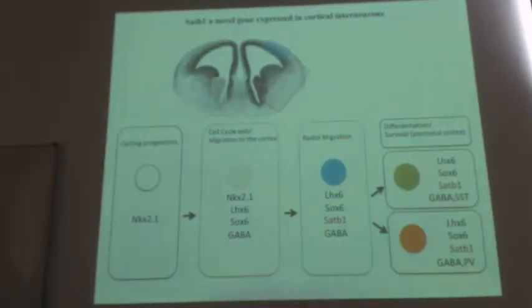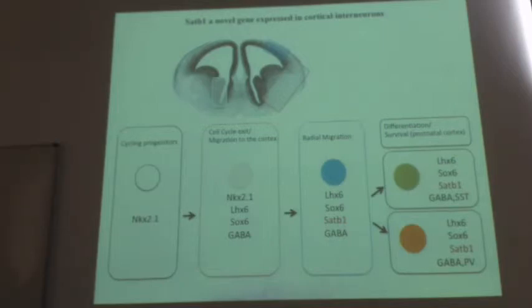So just to summarize this part, we have identified a new transcription factor that is expressed in cortical interneurons that arise from the MGE, but only when these interneurons have finished the tangential migration and are located in the cortex.